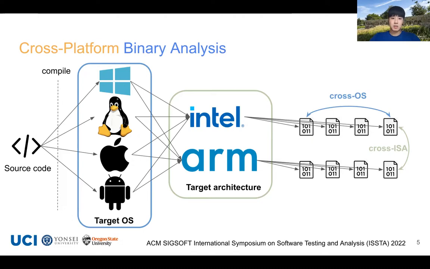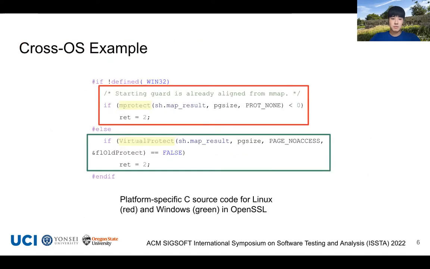This makes it hard to implement the accurate embedding model that can align the binary code embeddings across different platforms. For example, operating system-specific API can only be used in specific OS. Therefore, the source code is preprocessed before compiling so that different source code is compiled for different operating systems.